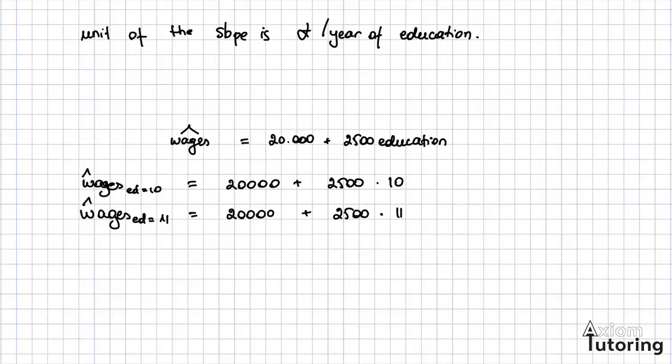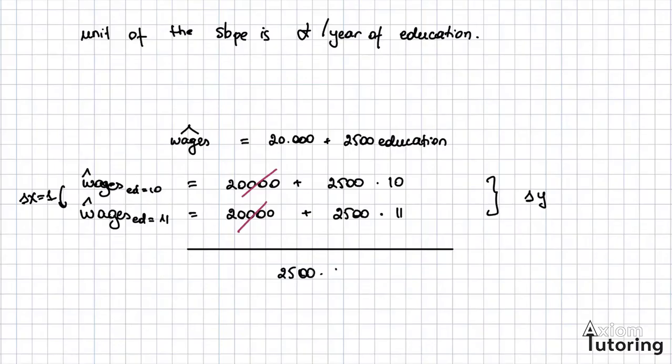You see the delta x here is 1 because we're going from 10 to 11 years of education. What about the change in y, the wage? We can simply subtract these two values, and very clearly the 20,000 cancels out. You're left with 2,500 times 11 minus 2,500 times 10, which is very clearly just 2,500, and it's just our beta 1 hat.